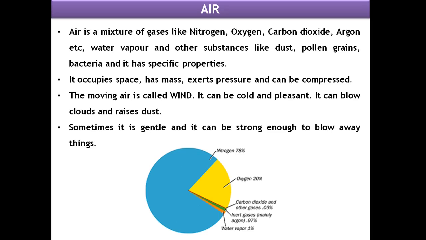Air is a mixture of gases like nitrogen, oxygen, carbon dioxide, helium, argon, neon, krypton, etc. And it contains water vapor and other substances like dust, pollen grains, bacteria, etc. And it has specific properties like it occupies space, it has mass, it exerts pressure, and it can be compressed, etc.